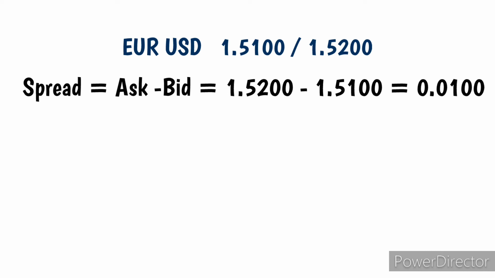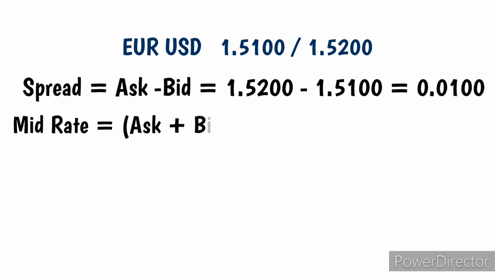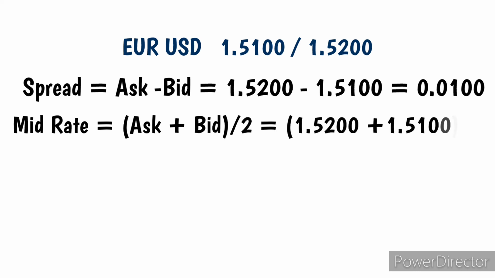Now we will find out mid rate. Formula: mid rate is equal to ask plus bid upon 2. 1.5200 plus 1.5100 upon 2.